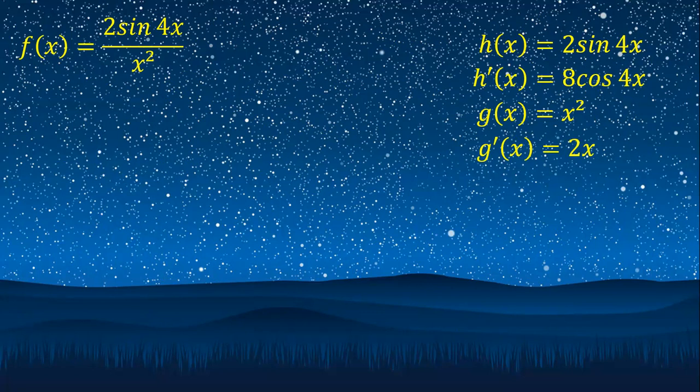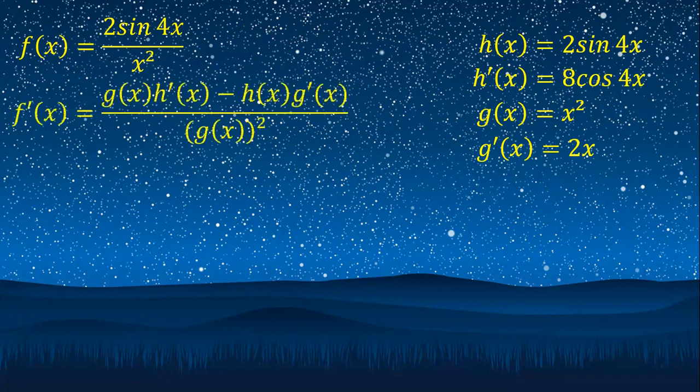So using the formula in quotient rule, we have f prime of x equals g of x times h prime of x minus h of x times g prime of x, all over g of x quantity squared. So we will do the substitution.